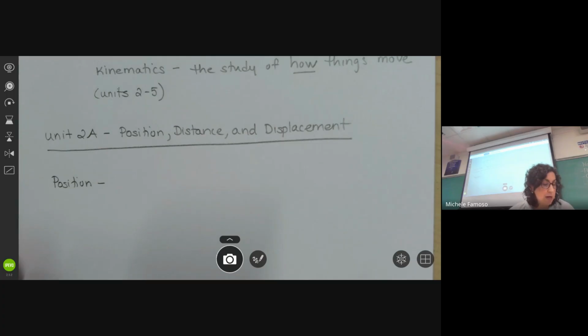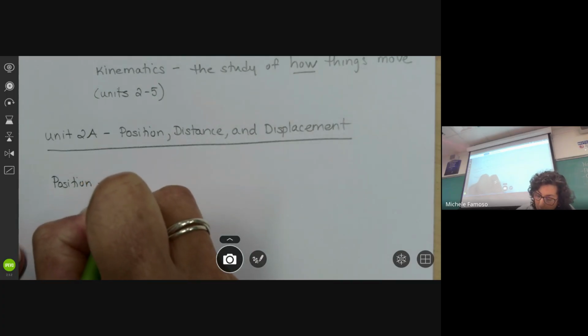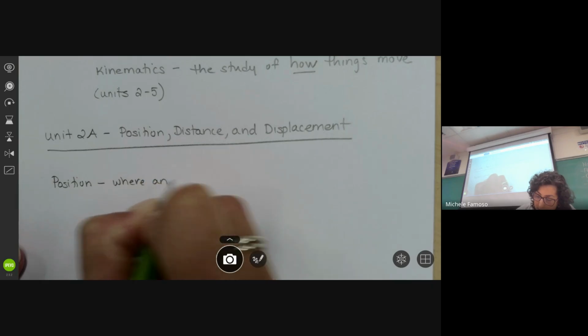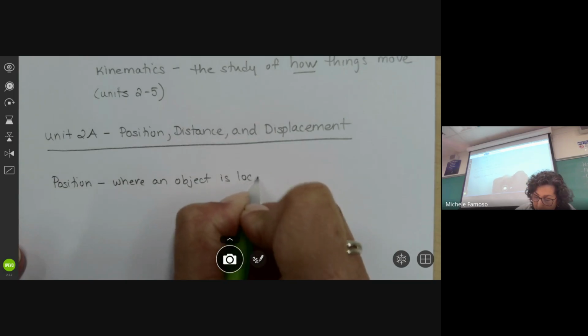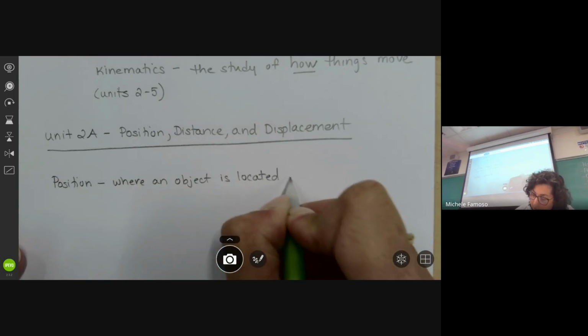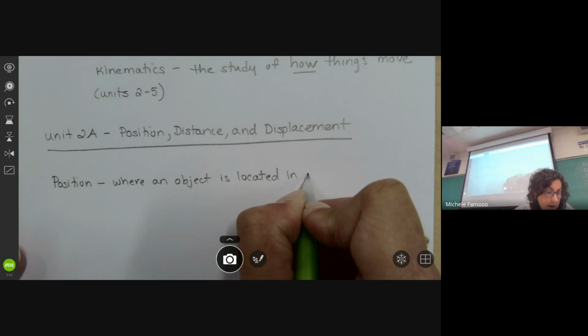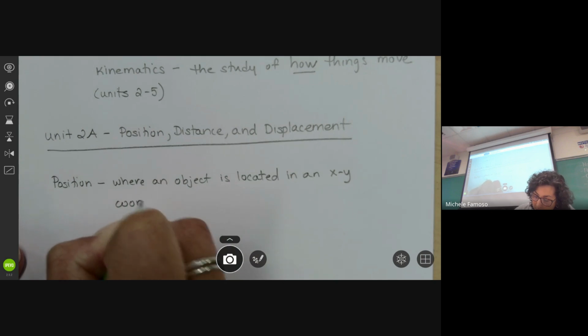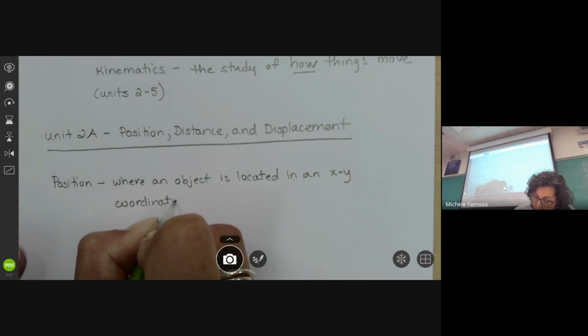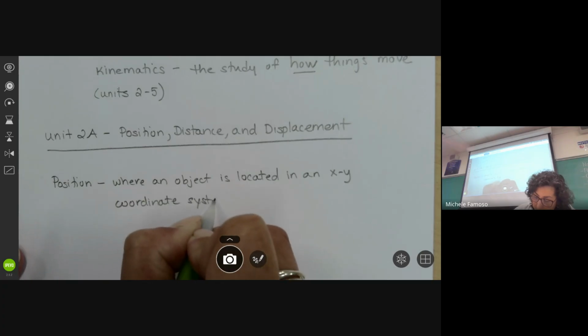When we refer to an object's position, we're talking about where an object is located in an XY coordinate system.